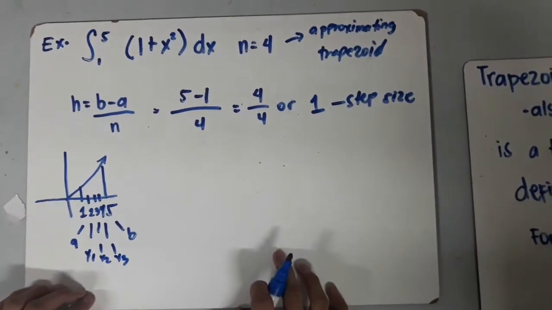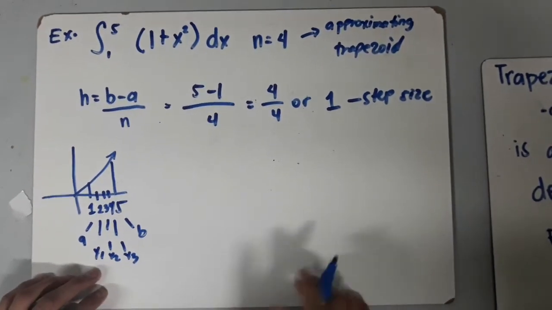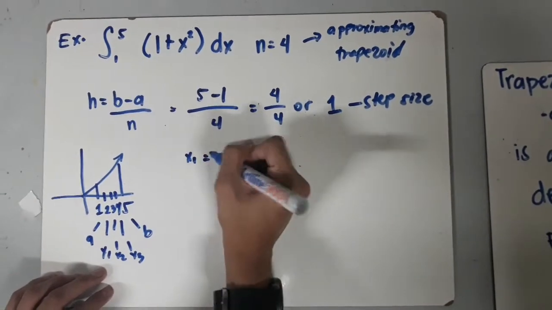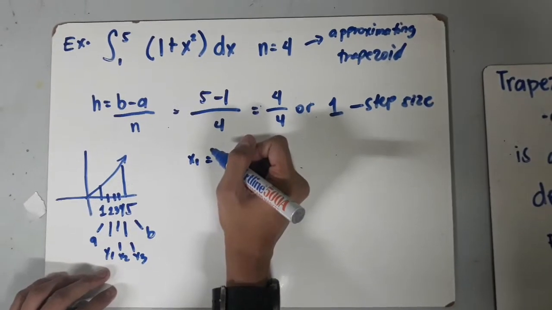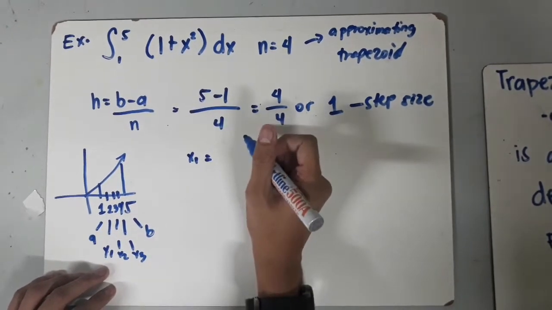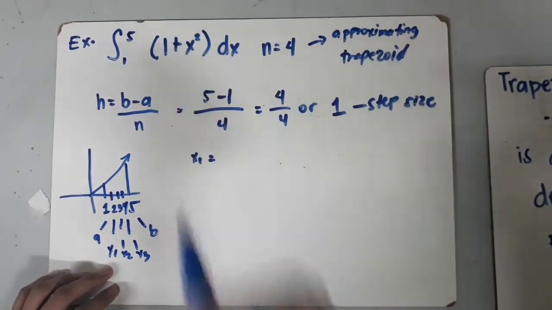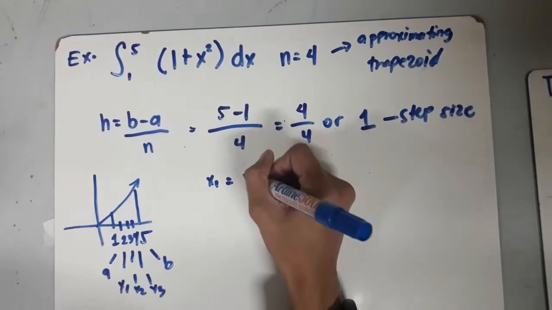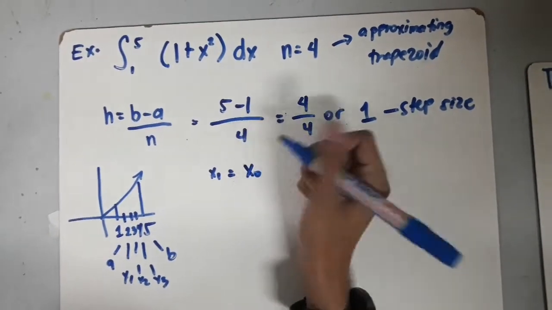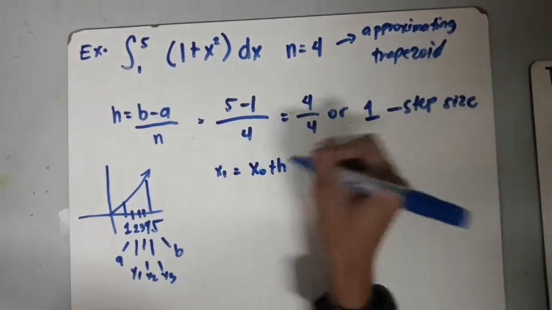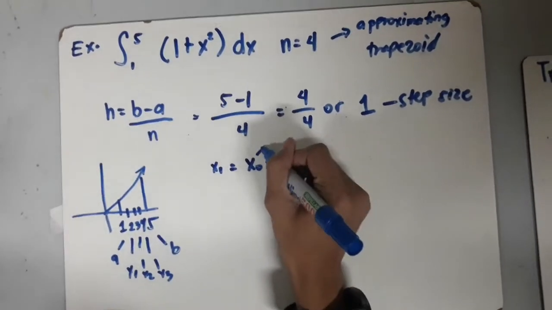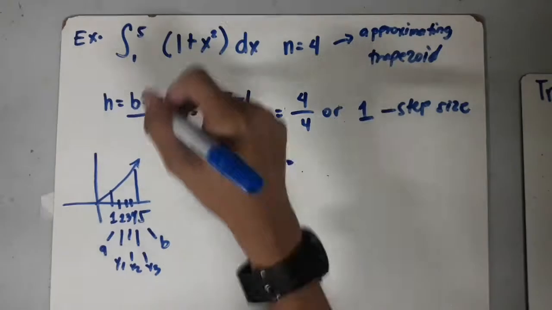First, let's compute the value of x sub 1. x sub 1 equals x sub 0 plus h. Our x sub 0 is equivalent to the value of a, which is 1.